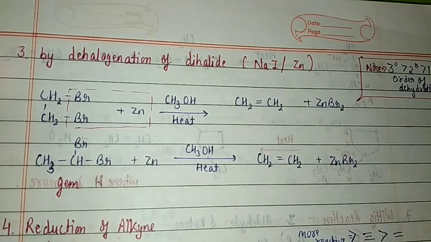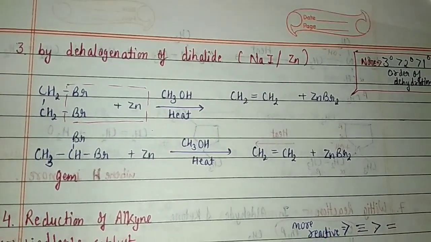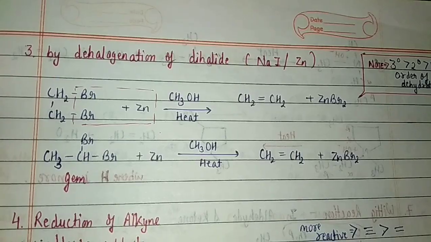The order of reactivity would be the same: 3 degree alkyl halide, then secondary, then primary.